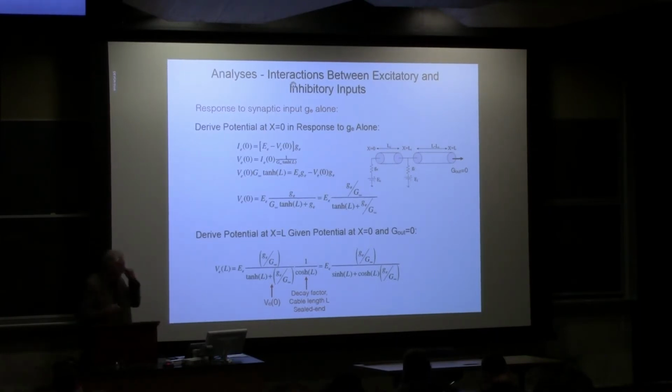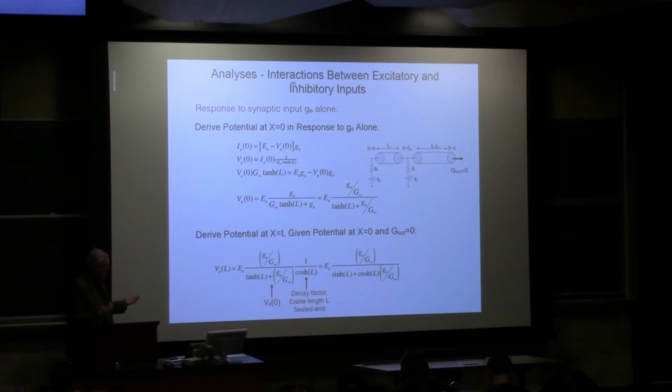So the first thing we want to show is what is the voltage at this location at the end of the cable when we activate this excitatory input alone. Assume that this inhibitory input is not present, so that conductance is 0. It's not even there.